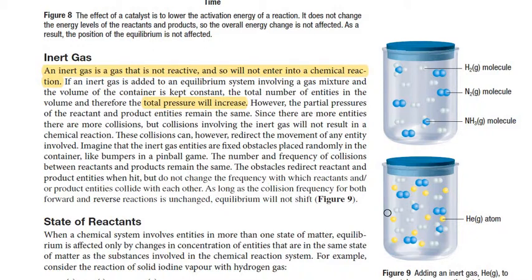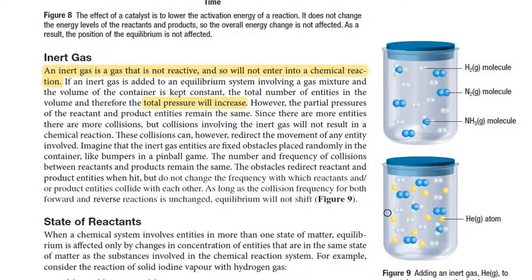Since there are more entities, there are more collisions, but collisions involving the inert gas will not result in a chemical reaction. These collisions can, however, redirect the movement of any entity involved. Imagine that the inert gas entities are fixed obstacles placed randomly in a container, like bumpers in a pinball game.